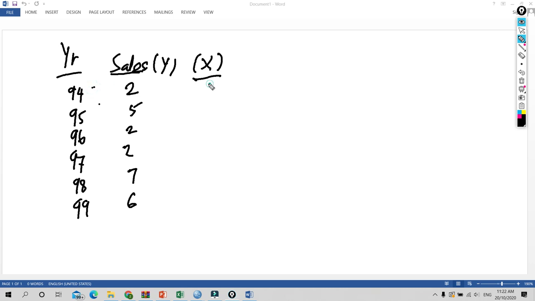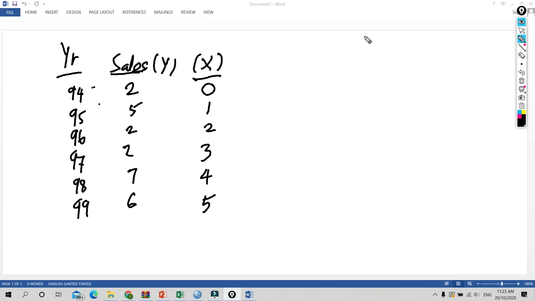You can start with 0: 0, 1, 2, 3, 4, and 5. Or if you want to start with 1, we have 1, 3, 5, 7, 9, and 11.